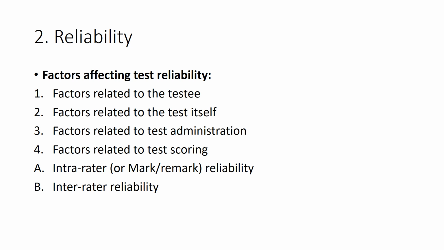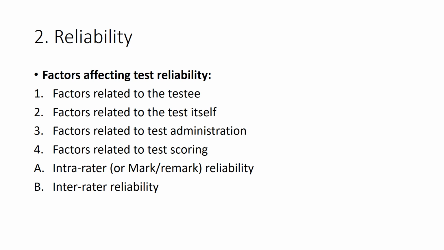But if you are giving this test to be scored by two teachers, make the writing test or the speaking test scored by two teachers, again, you are not going to have the same scores because each teacher has his or her own subjective judgment on the performance of the student.